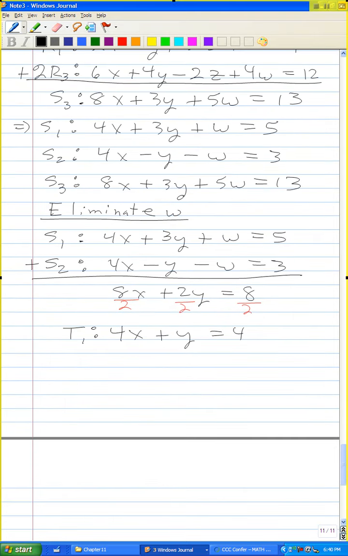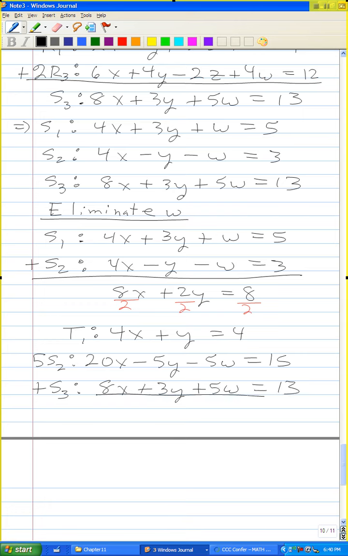Okay. So I've used the first 2 equations. I've got to use the third. So let's do 5S1 minus S2, 20 minus 5 minus 5, 15. And let's do S3, 8, 3, 5, 13.